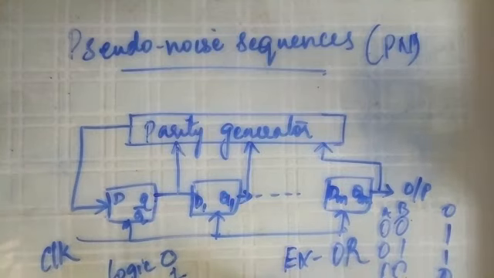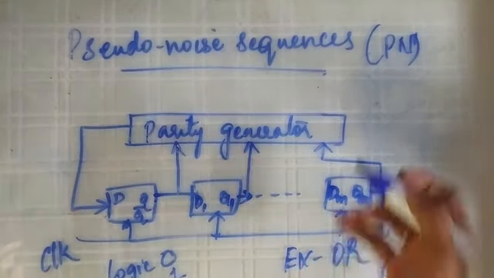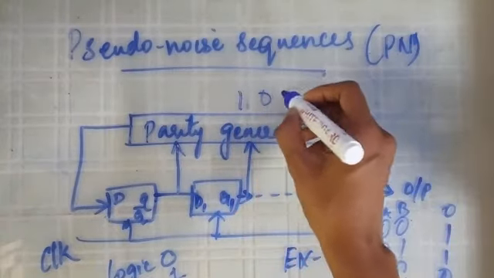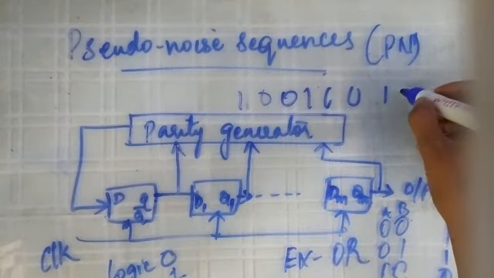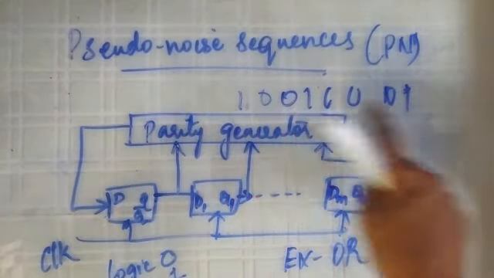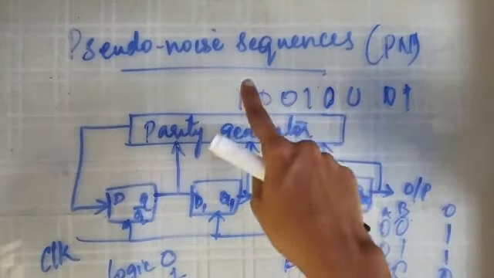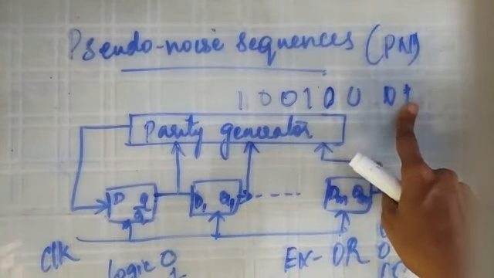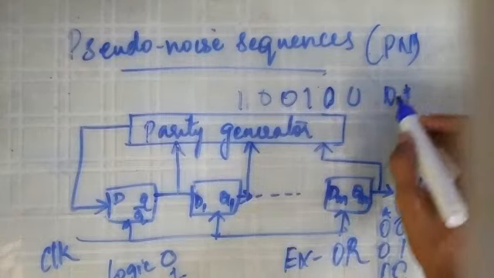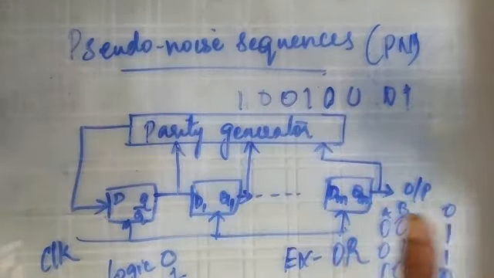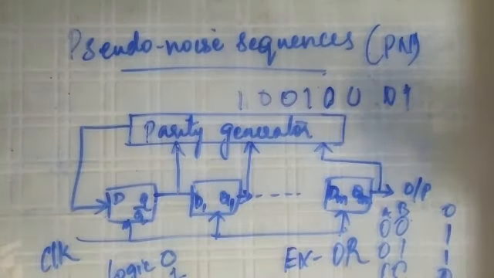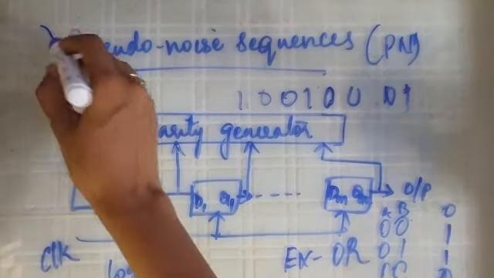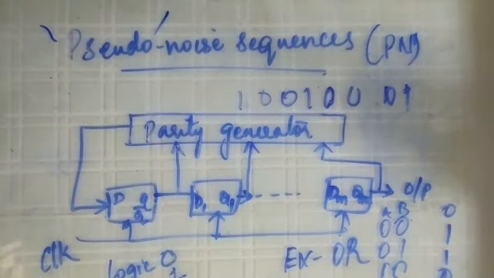Though a generated sequence of 1, 0, 0, 1, 1, 1, 0 looks random to us, it's not really random. After some period, the same values start repeating. So it's predictable, and that is the reason we call it a pseudo-random sequence.